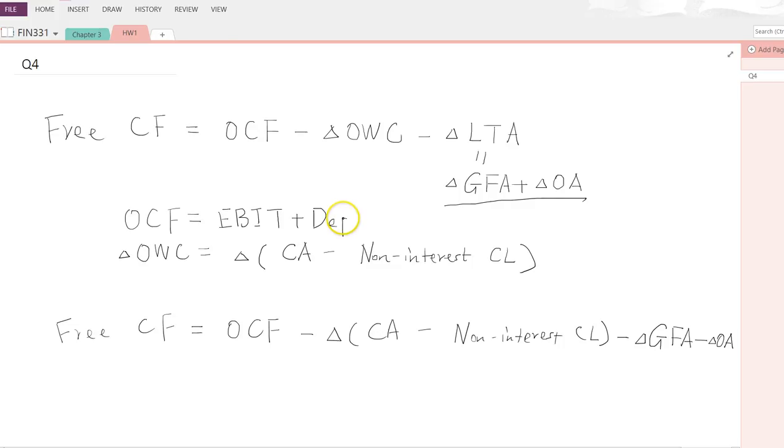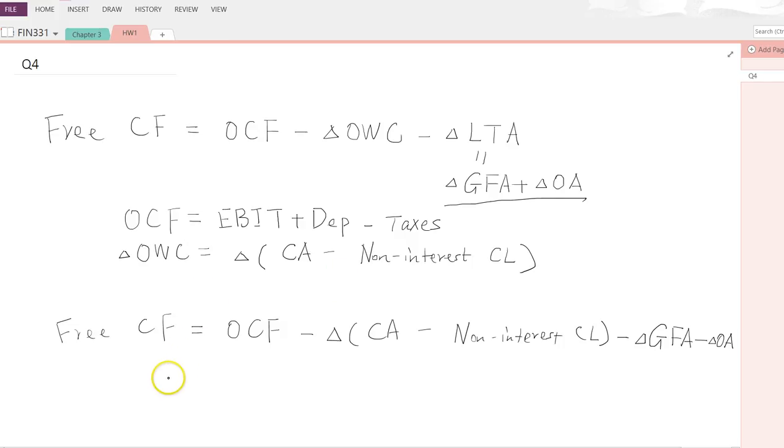The reason we want to add back depreciation is because depreciation is not a true cash outflow, but in getting this EBIT, we deducted depreciation from the gross profit, which from the cash flows perspective we shouldn't have done. So this step, adding back the depreciation, is simply to reverse what we shouldn't have done from the cash flows perspective. And then we minus taxes.